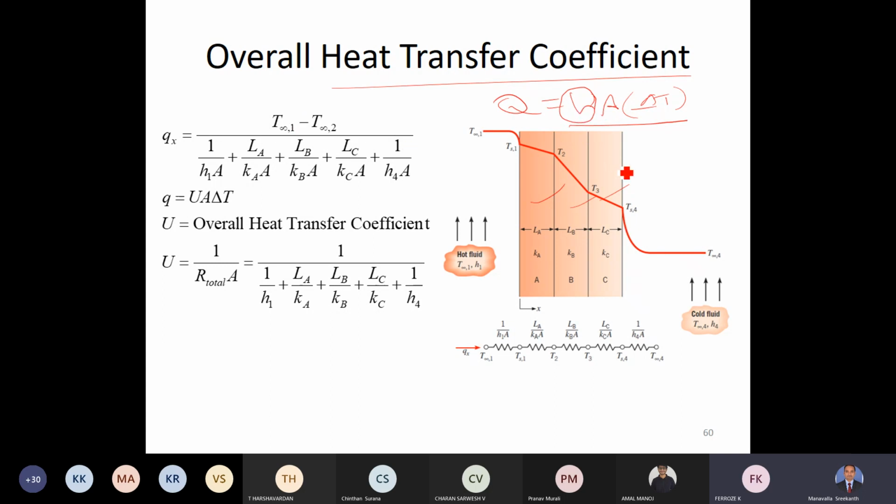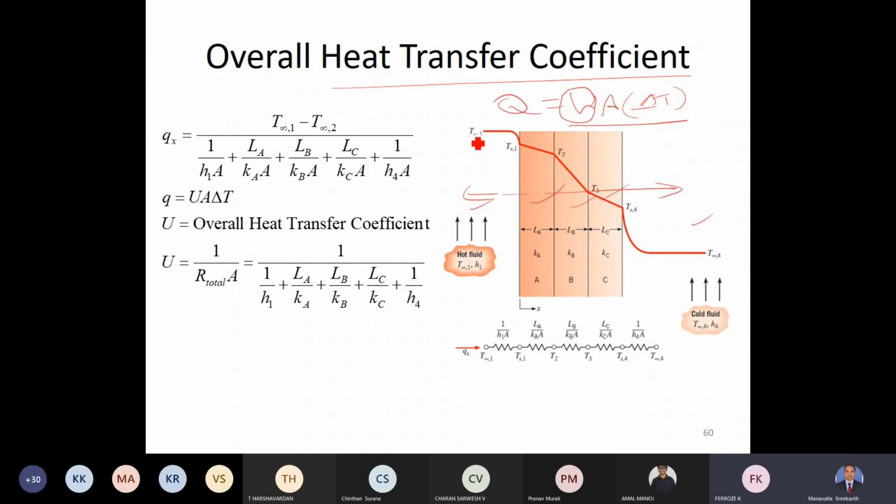In the case of this particular arrangement where there are three composite slabs in series, and a convection environment on the left and a convection environment on the right, we would like to simplify this using this concept of the overall heat transfer coefficient. When we say overall, I really mean overall. That means from this point to this point.